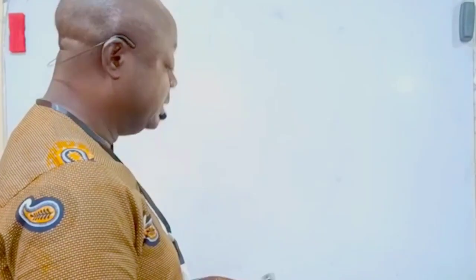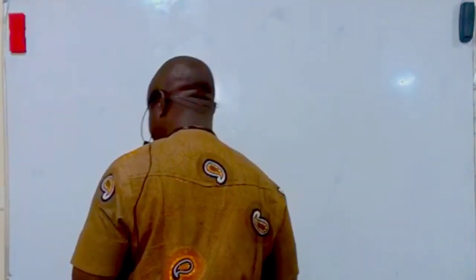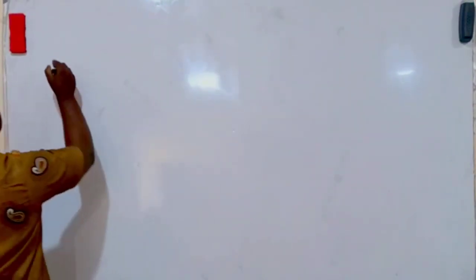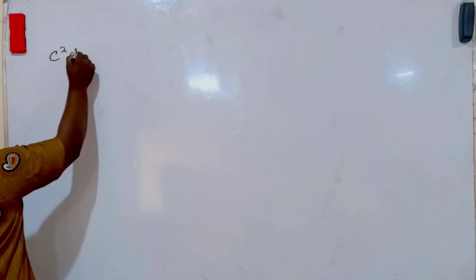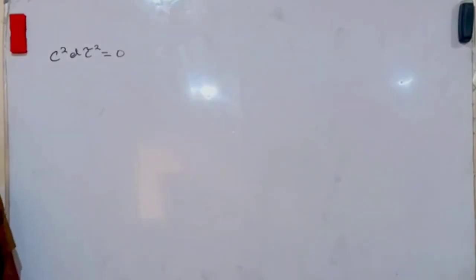And again, we'll work within the context of Schwarzschild's metric. The other day, we agreed that light moves along what we call a null geodesic.